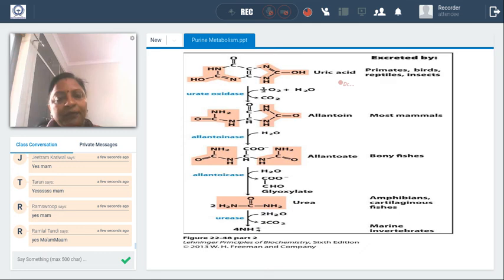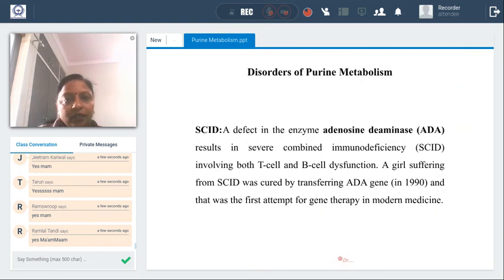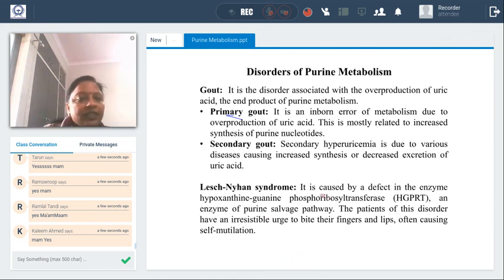The end product of whole purine metabolism is uric acid. Disorders: first is gout, second SCID, and the last one is HGPRT deficiency syndrome. We can call it Lesch-Nyhan syndrome or HGPRT deficiency syndrome.